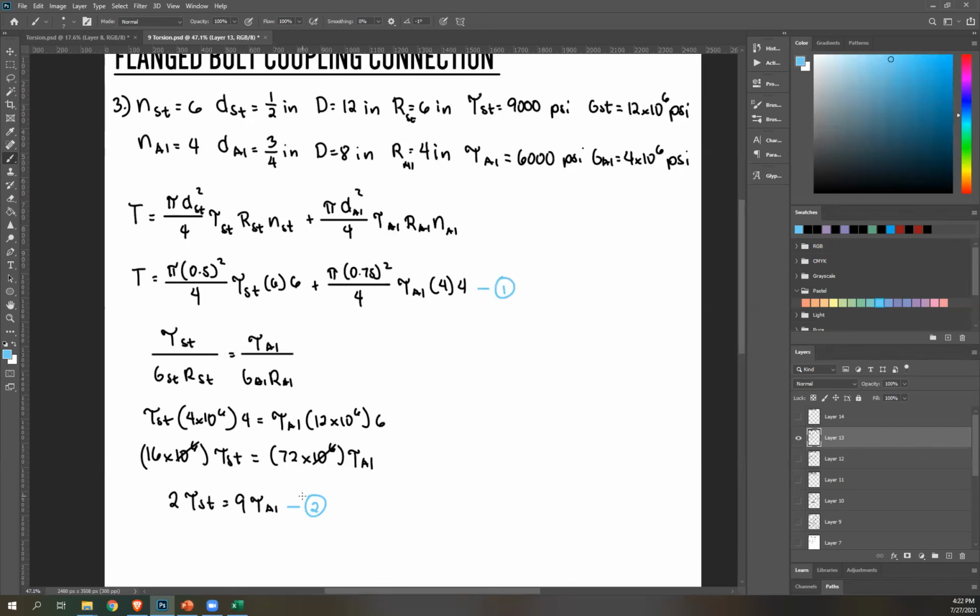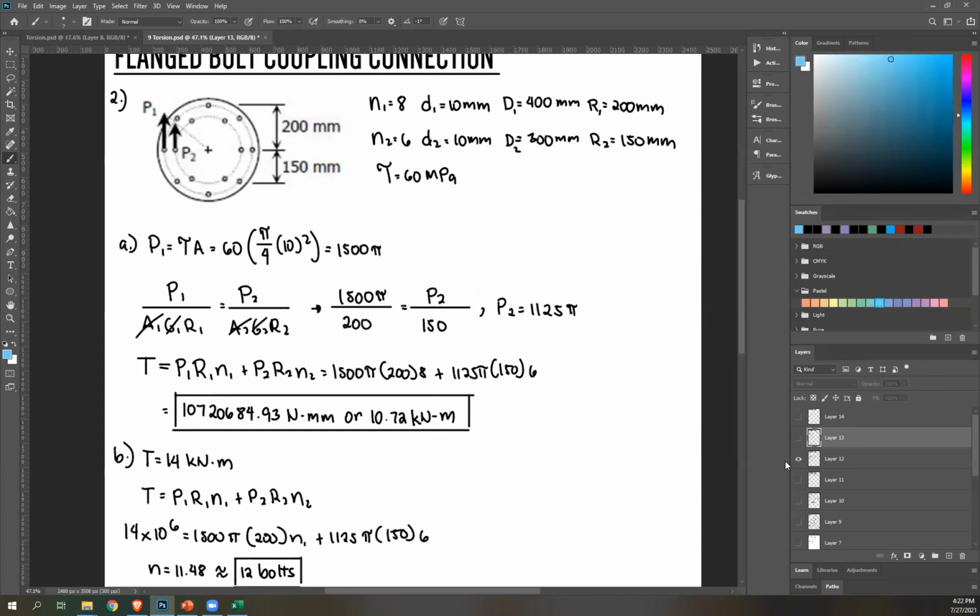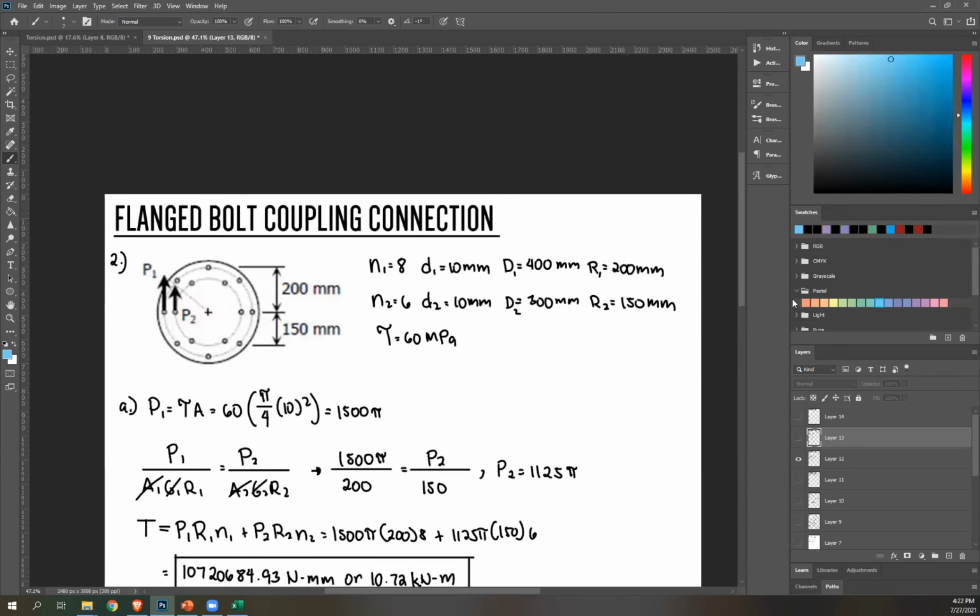Okay? And now, after that, since we have the relationship of ST and AL, we're gonna check for each limitation. First for the 9,000 psi, and then next for the 6,000 psi. Because unlike the previous example, we know the critical row.